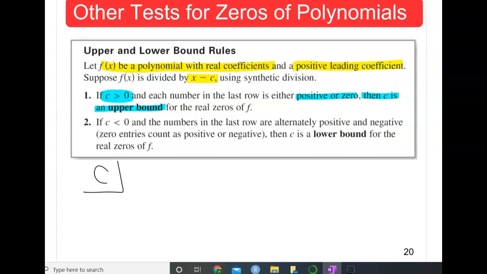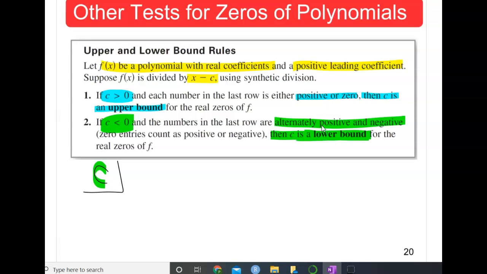However, if that number is less than 0, meaning negative, and the numbers in the last row are alternately positive and negative, with 0 entries counting as positive or negative, like neutral, then that number, c, is the lower bound.